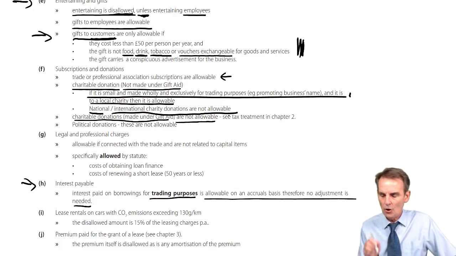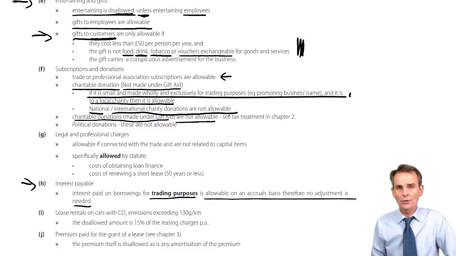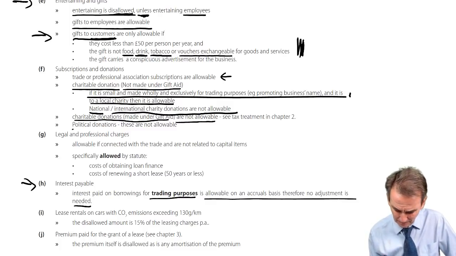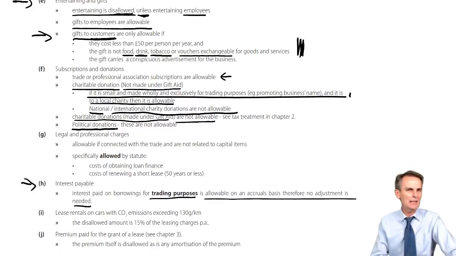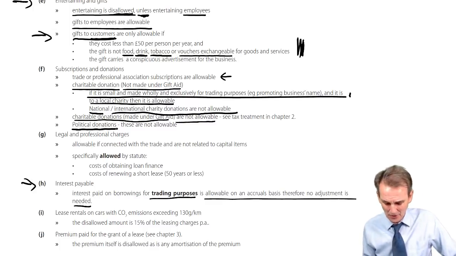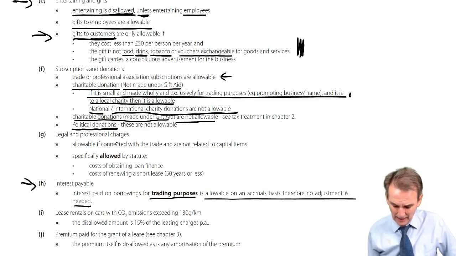If it's paid, whoever it is paid to, whatever charity, if it's under gift aid, it's not allowable and it's added back. Another one that is not allowable, political donations there. I won't suggest to which particular party you might be donating, but whoever it is, not allowable. Add it back.